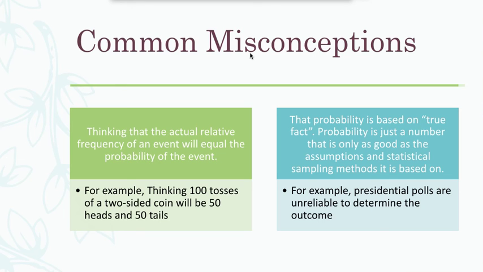It is not true fact because the probability says it will. It's just an estimated guess. It's a good guess. It is more likely that that will happen than the opposite, but it's still not true fact. So something to keep in mind when you're doing probability.